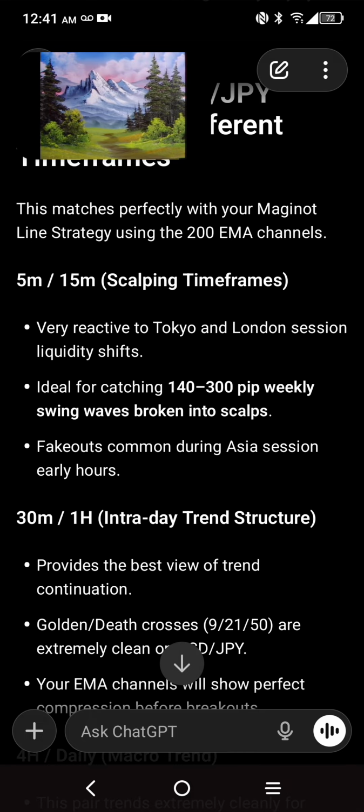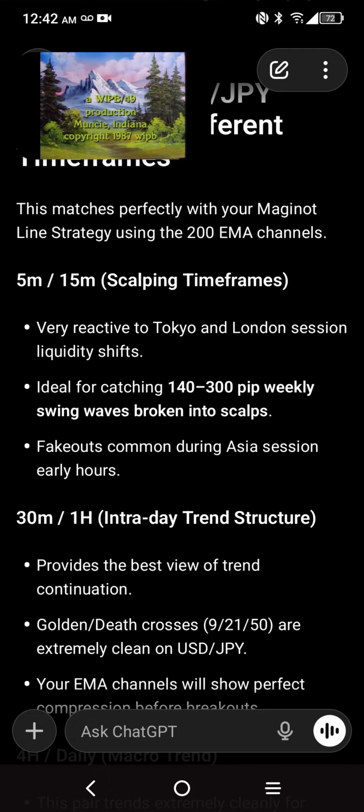The 5 and the 15-minute scalping time frames, very reactive to Tokyo and London session liquidity shifts. The Tokyo session starts at about 8 p.m. Eastern Standard Time, and the London session starts at 3 a.m. Eastern Standard Time. Ideal for catching 140 to 300 pip weekly swing waves broken into scalps.